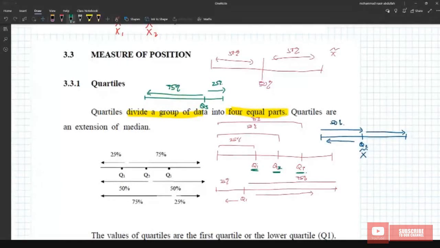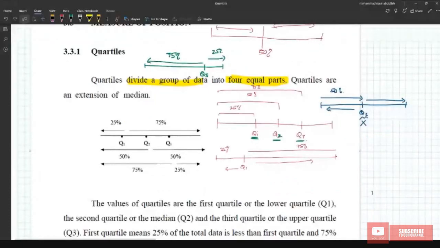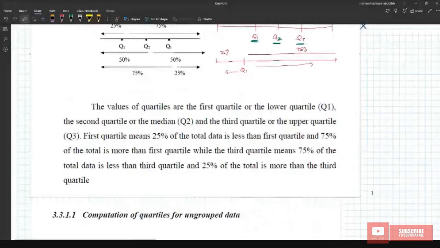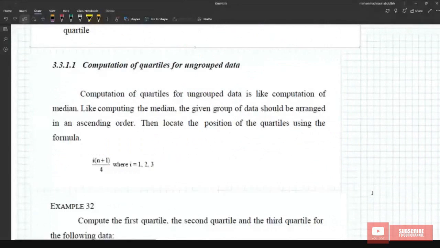In this topic, we will learn how to calculate quartile for grouped data and ungrouped data. So let's look at computation of quartile for ungrouped data. For ungrouped data, the procedure is the same as median.